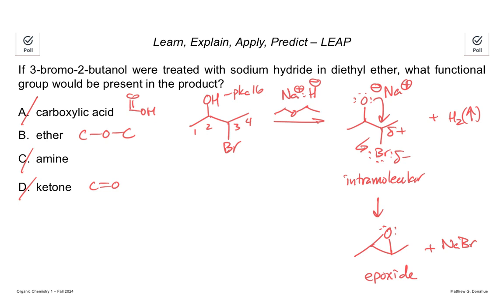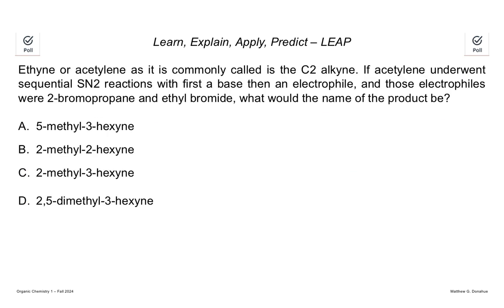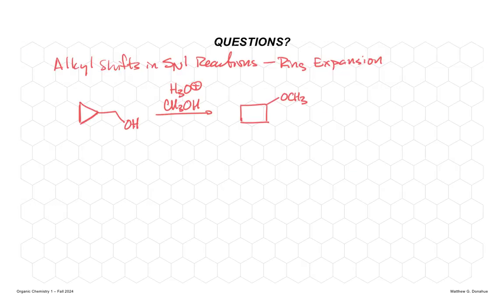If you go on to 256, we'll talk about epoxides next semester for maybe a couple lectures. They're unique functional groups. You can do a lot with them. Let's skip this one.